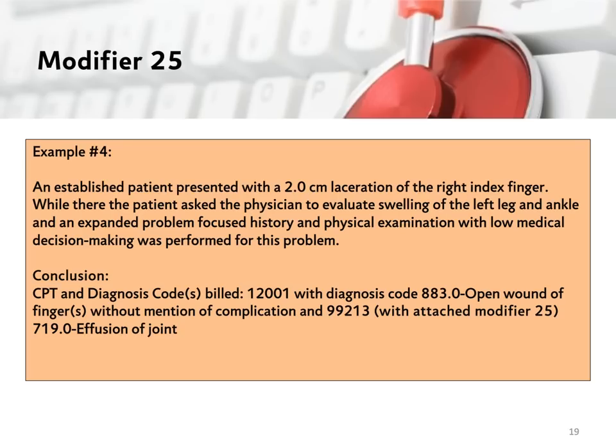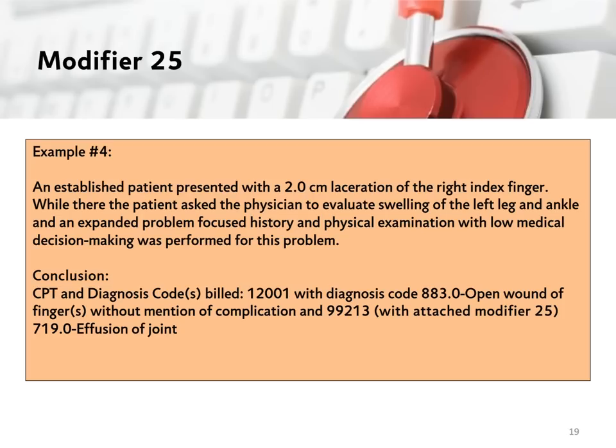Now we have another example of modifier 25. Example 4. An established patient presents with a laceration on the right index finger. While there, the patient asks the physician to evaluate the swelling of the left leg and ankle, and an expanded problem-focused history and a physical exam with low medical decision-making was performed for this problem.